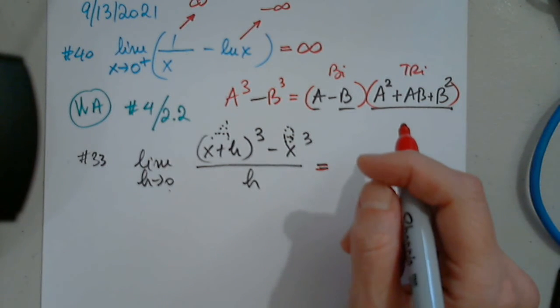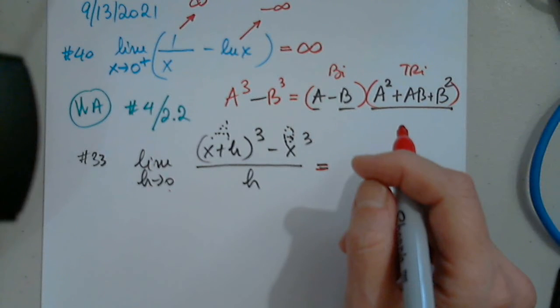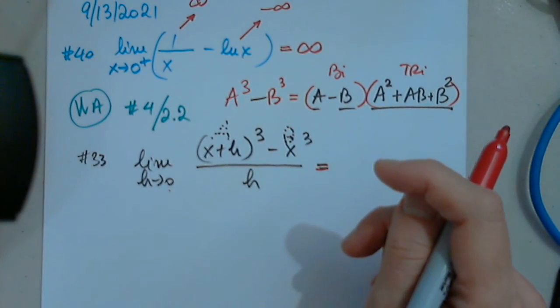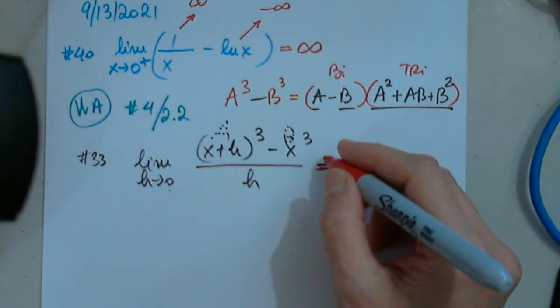Negative minus a negative, so negative. How do we get the limit at the top? Rihanna, how do we get the limit at the top? You plug in the 0. Good. So what do we get? You get h, right?